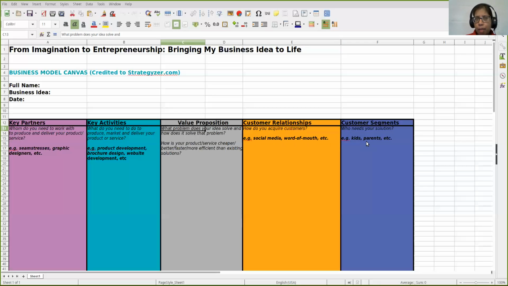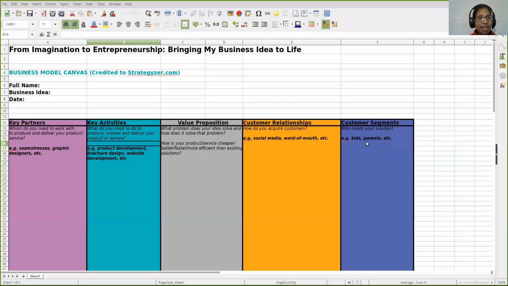Okay, because there may be other existing business ideas similar to yours, but you need to be able to clearly differentiate how your solution, how your business idea is unique, is different in some form or fashion. Okay, and that's where the value proposition segment comes into play.